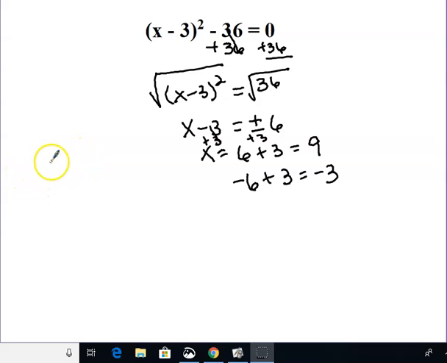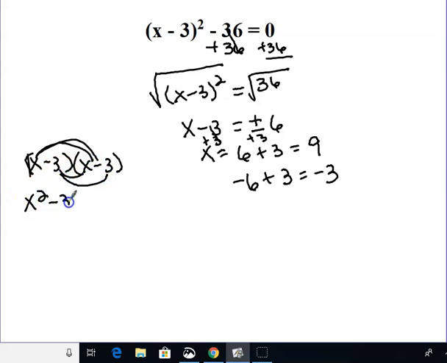Another way to solve the same problem is to actually multiply x minus 3 times x minus 3. Get that square off by foiling. So x squared minus 3x minus 3x plus 9.